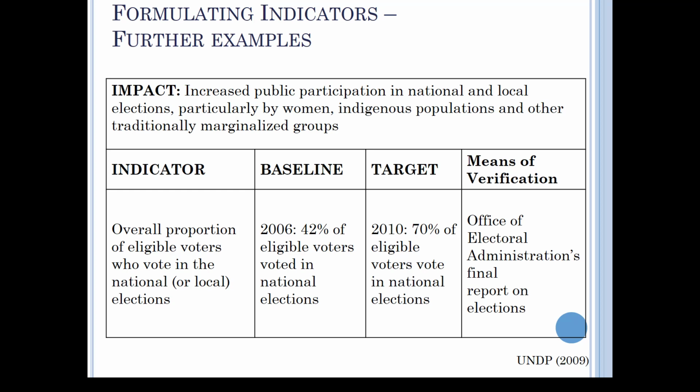An indicator will be the overall proportion of eligible voters who vote in the national or local elections, and the baseline will be then 42% in 2006, and in 2010 it should be 70%. So the target that we are aiming at will be 70%, and means of verification will be the offices for electoral administrations and the final reports on the elections. So this is an example of how you should construct an indicator.